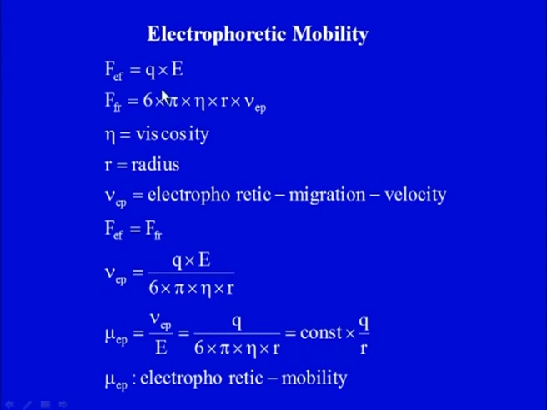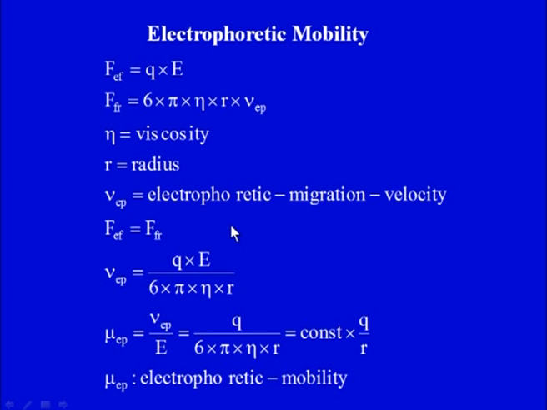If we summarize this in equation terms, you have a force on a molecule which is qE, and there is a frictional force which is given by this equation. Viscosity of the medium will play an important role, because the more the viscosity, the more will be the friction. Radius of the particle will play a role.